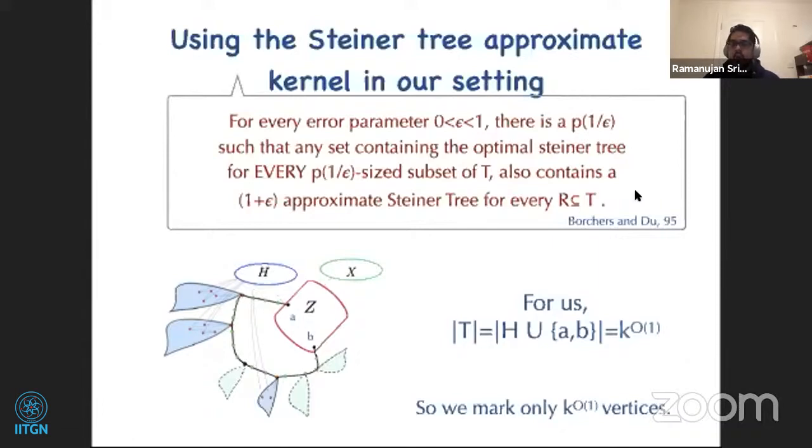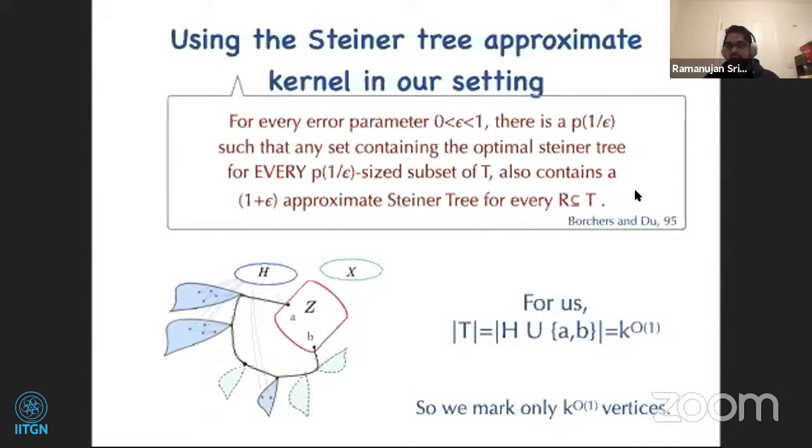So I would go over all constant sized subsets of H union {A, B}. And for each such subset, I will store an actual optimal Steiner tree that is sitting inside this component C. And I only care about Steiner trees that have size at most k.